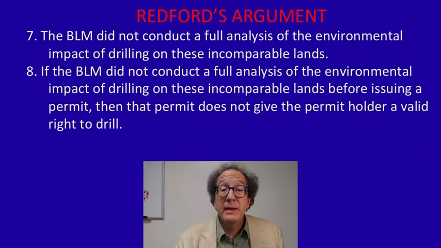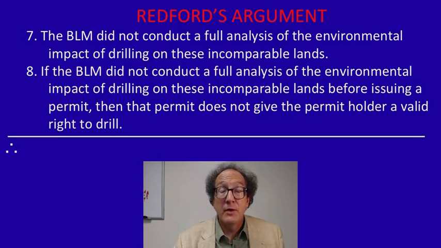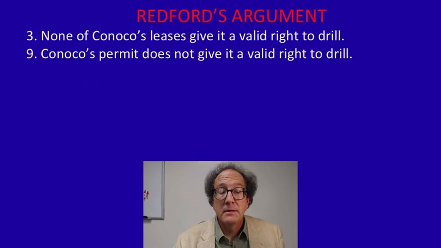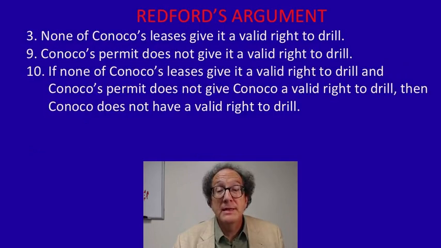8. If the BLM does not conduct a full analysis of the environmental impacts of drilling in these incomparable lands before issuing a permit, then that permit does not give the permit holder a valid right to drill. Therefore, 9, Conoco's permit does not give Conoco a valid right to drill. 10, if none of Conoco's leases gives it a valid right to drill, and Conoco's permit does not give Conoco a valid right to drill, then Conoco does not have a valid right to drill.